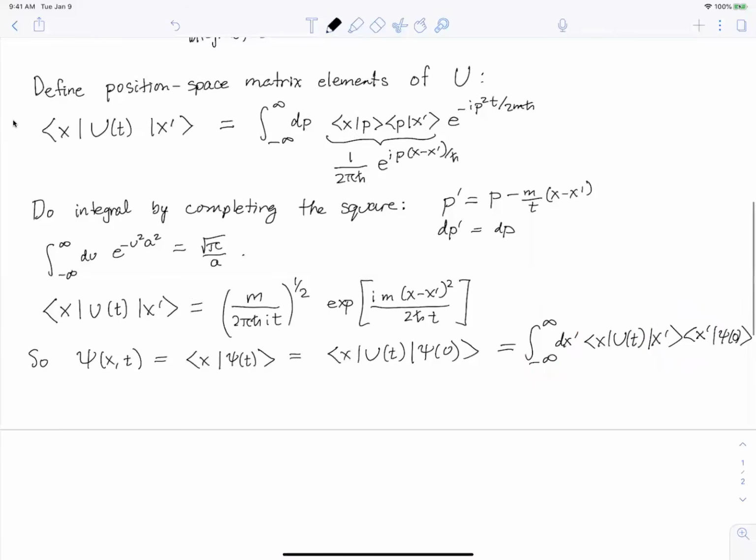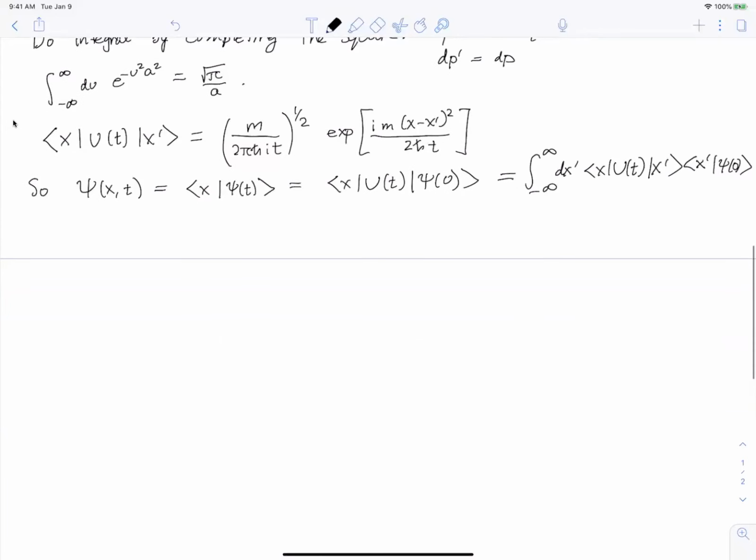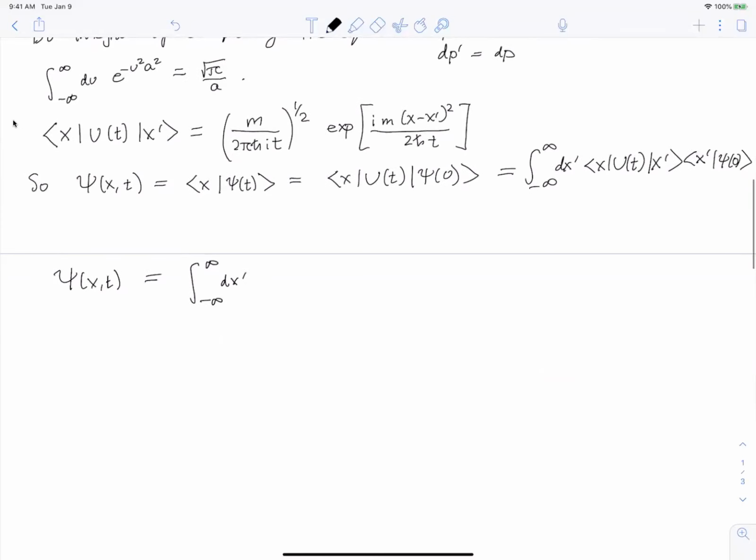Okay, and so now we've got the following relation, that the wave function at time t we can obtain as an integral over dx prime of just plugging in our matrix element. It's m over 2 pi h bar i t to the 1/2 power.